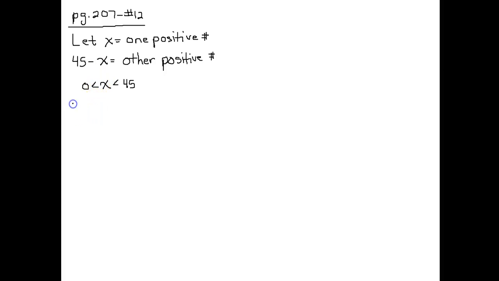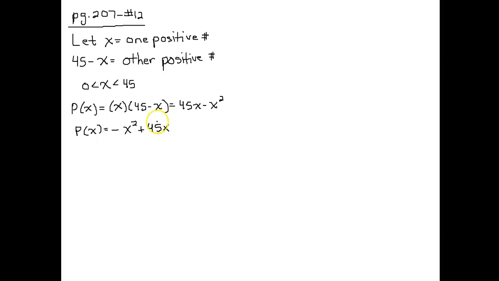Now, if we want to do a product function of those two, multiply two of them together, multiply x times 45 minus x. Distribute your x, you get 45x minus x squared. So you could write that as p of x equals negative x squared plus 45x.